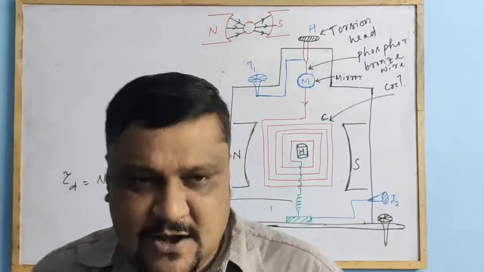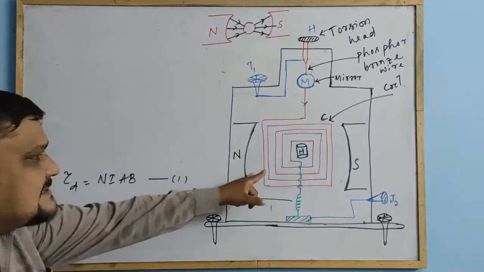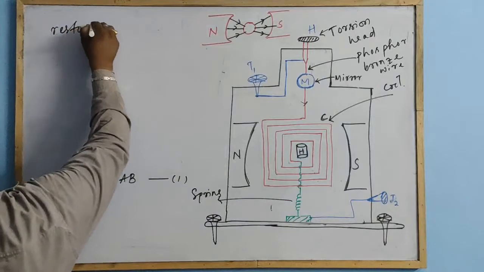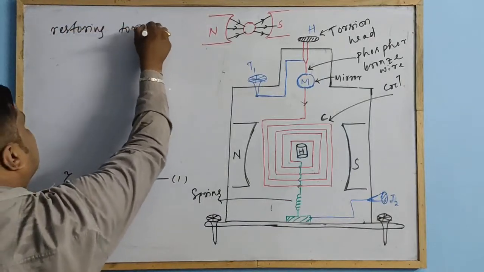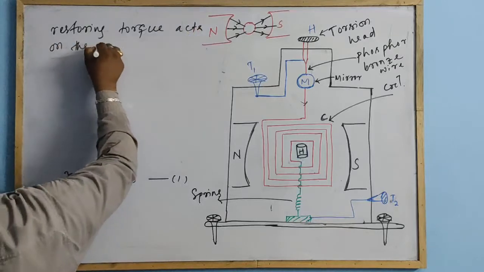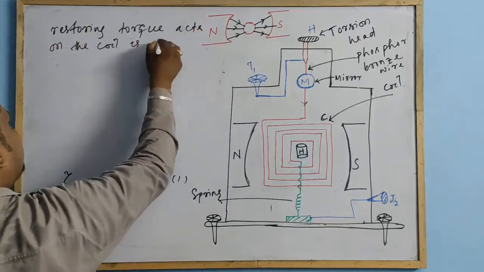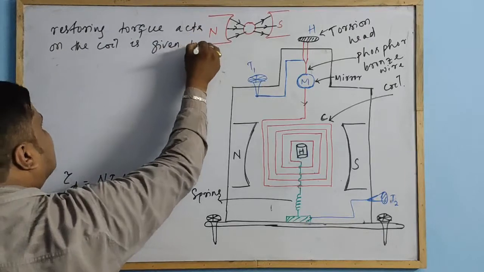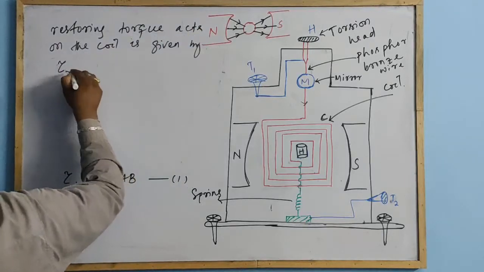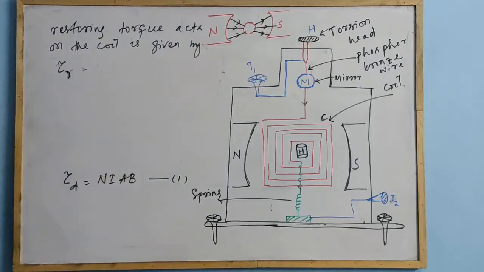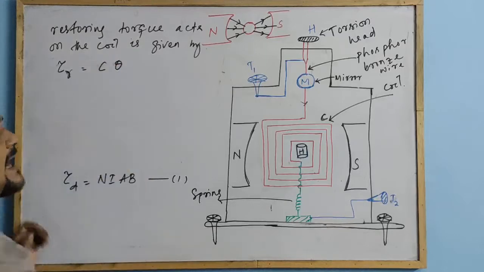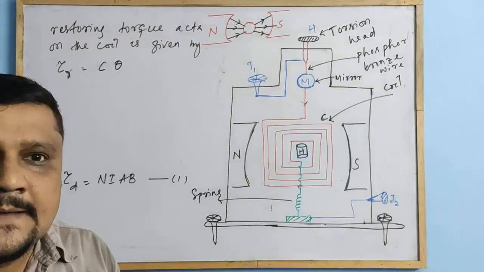So the restoring torque, because of the twist, acting on the coil is given by tau r. Let the restoring torque be tau r. The restoring torque is equal to C into theta. What is C?